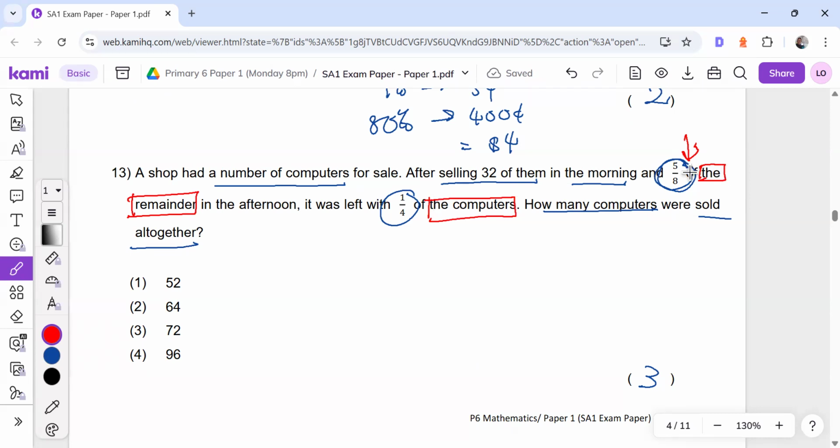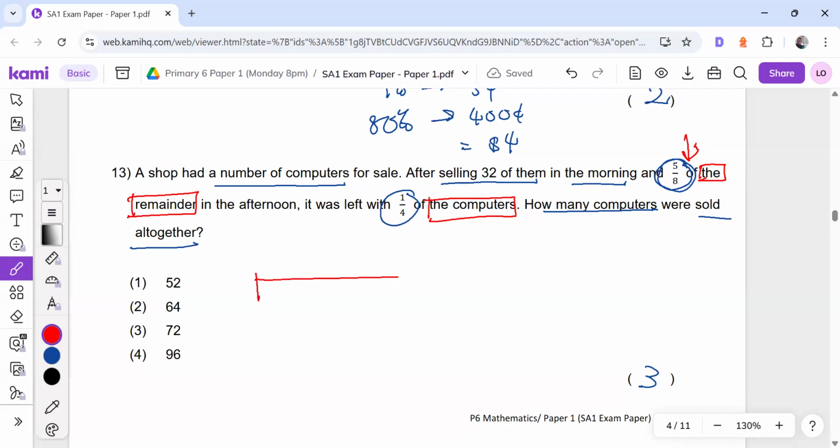Because the 5 over 8 is talking about the remainder, which is the leftover. The 1/4 is talking about all the computers, which is not the leftover. So you cannot make the denominator the same. If anybody did 5 over 8 plus 1/4 or minus, totally wrong, because when you plus or minus, you are making the denominator the same.